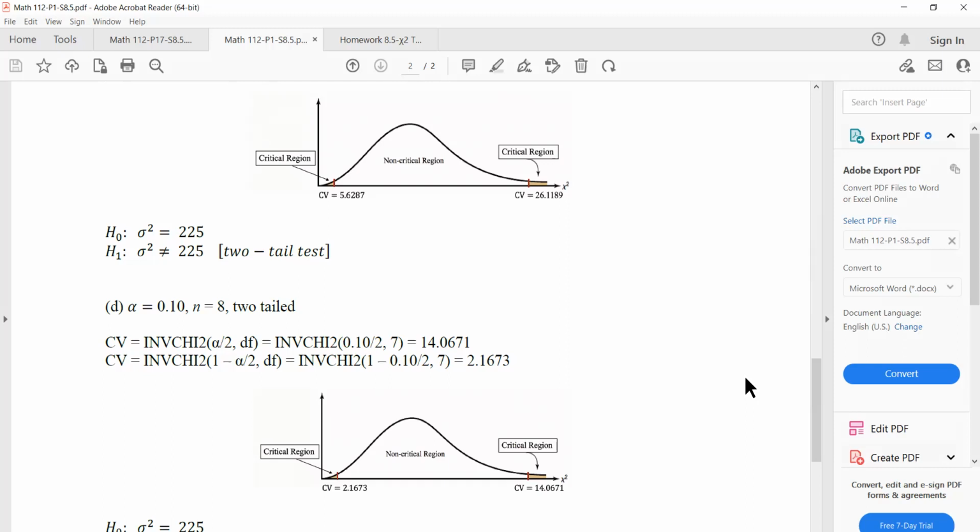If you're not getting these answers, check to make sure that you're using DF instead of N. That's very tempting to do. If you're in a hurry, sometimes you forget to subtract 1 and you end up using, for example, 8 instead of 7. So watch out for that.